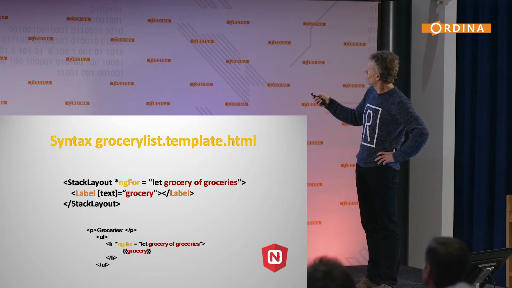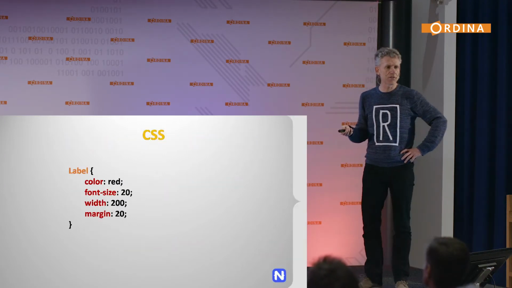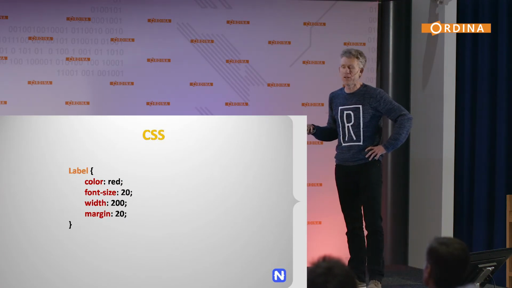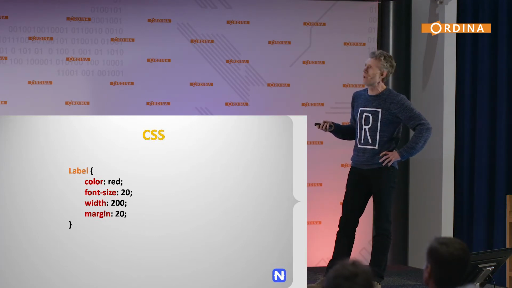Here you have the HTML format, so this looks quite the same. You can use CSS for styling. That's a big thing, because for iOS it's quite difficult with other languages, and Android has its own difficulties.